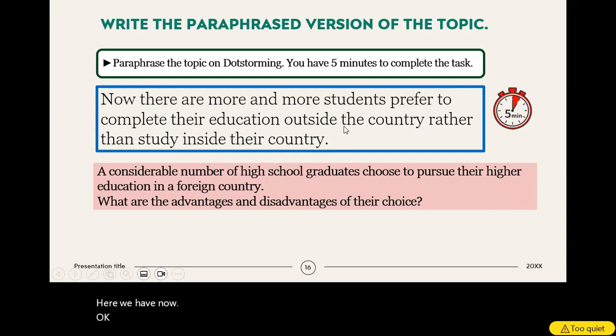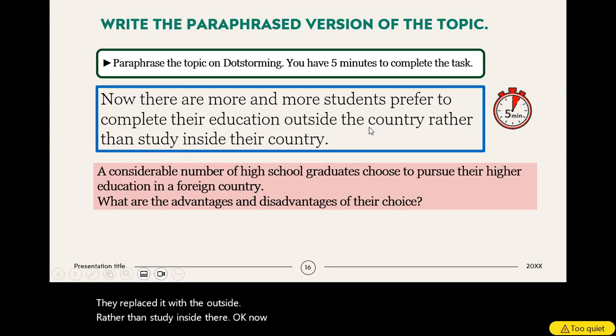Graduate, student; considerable, more and more; prefer to, they choose. Prefer or choose, they are almost similar. To pursue is to complete their higher education. Here she wrote a foreign country, I don't know, he or she, and they replaced it with outside the country rather than study inside their country.